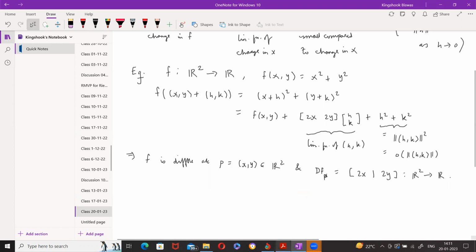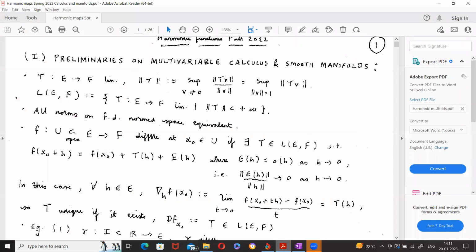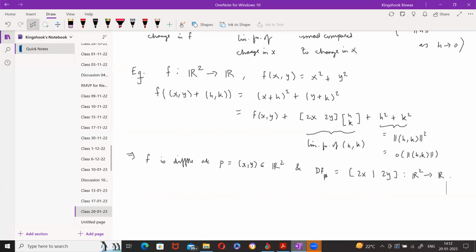Well, we use what we did last time. We saw that for f differentiable from a vector space E to a normed vector space F, df_x acting on a vector h is equal to what we call the directional derivative nabla sub h of f at the point x.